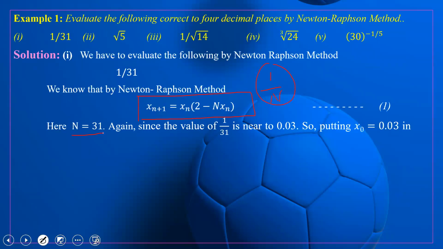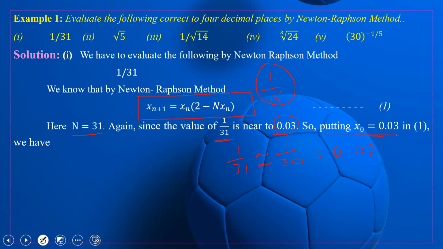Since the value of 1 upon 31 is near to 1 upon 30, and 1 upon 30 is 0.03, let us consider x0 is equal to 0.03.